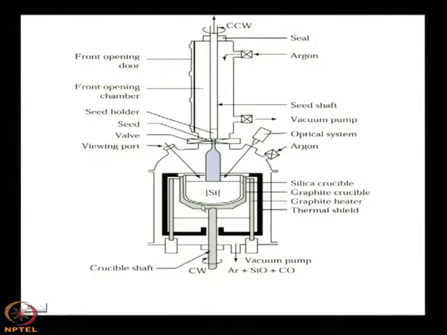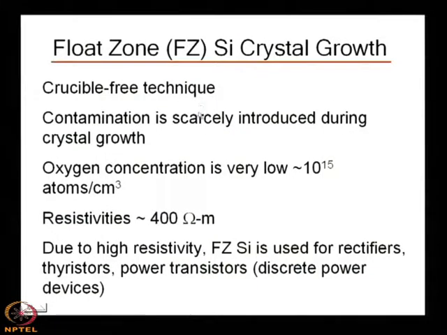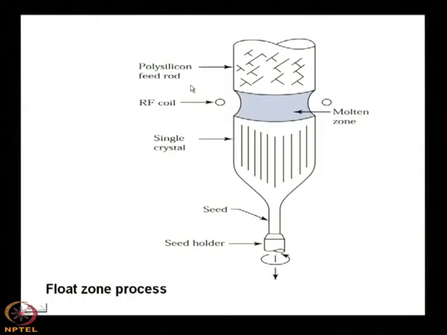There are other differences apart from the use of a crucible. In the Czochralski technique, the seed crystal is placed at the surface of the molten silicon, and then pulled. And in this case, we shall show you that the seed crystal is placed at the bottom, not on the top, right.